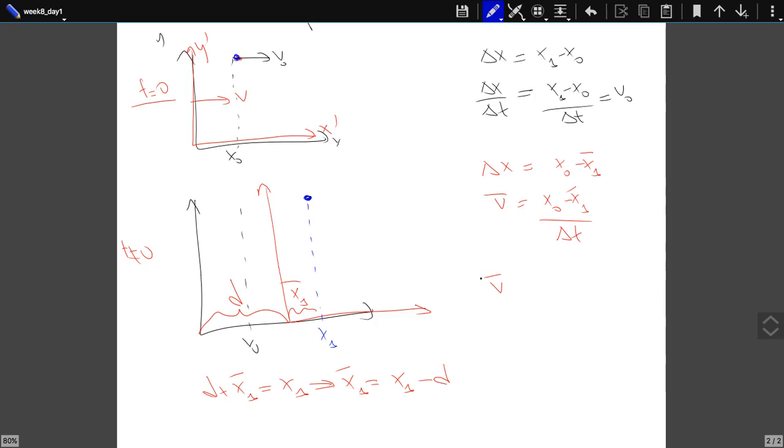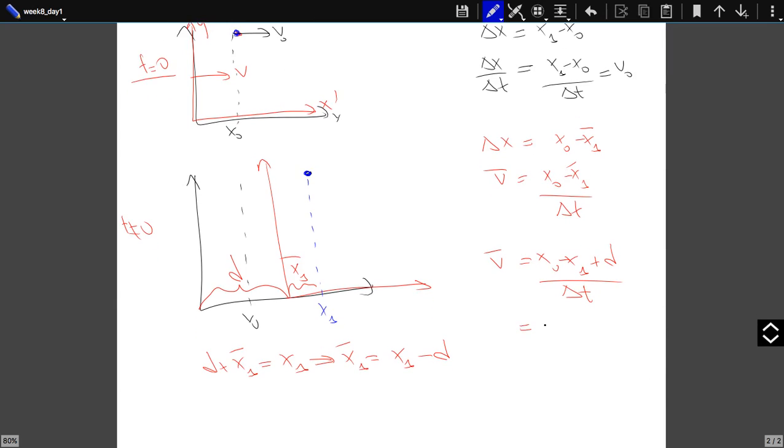So the v bar, the velocity measured in the red reference frame, is equal to x0 minus x1 plus d over delta t, or x0 minus x1 divided by delta t plus d over delta t, which is equal to v0 plus v. This is v0 bar, sorry.